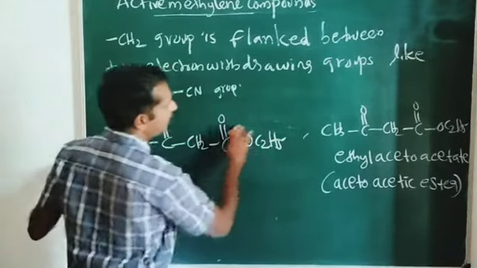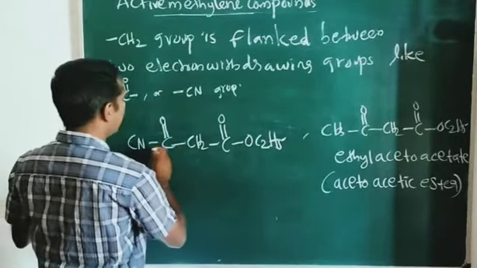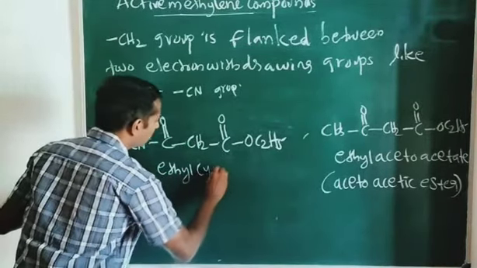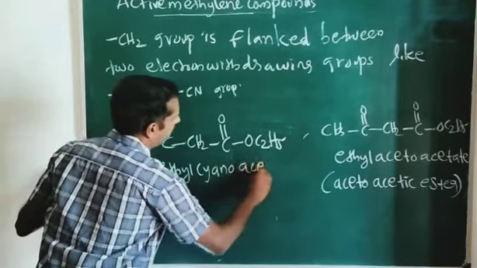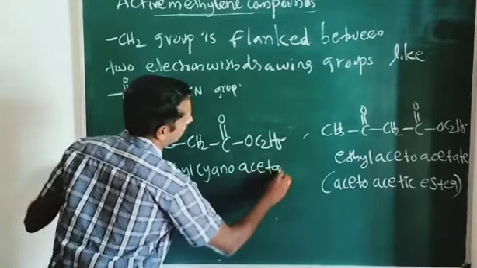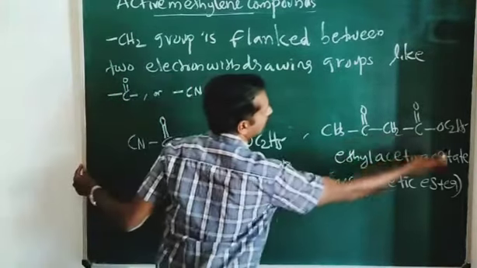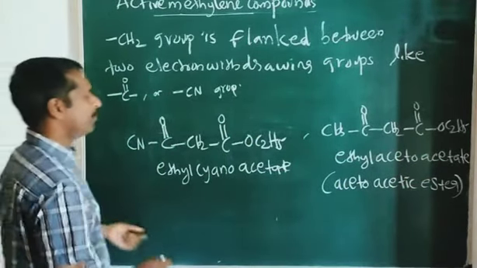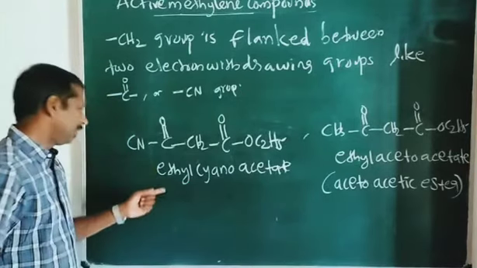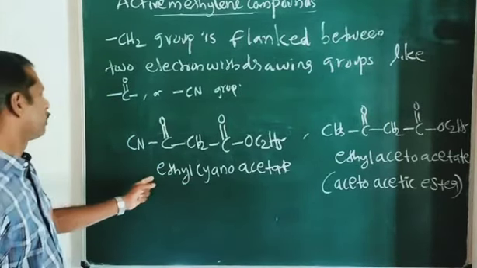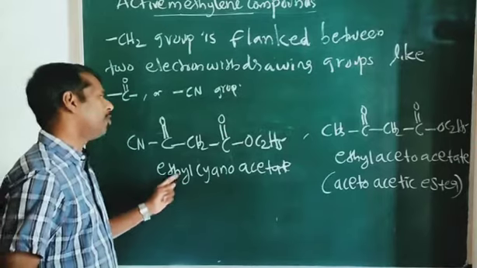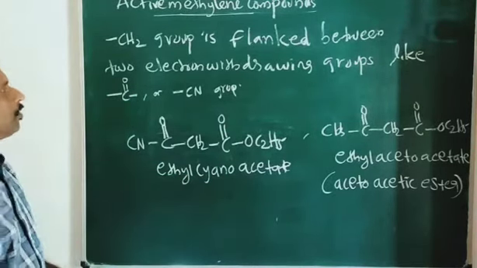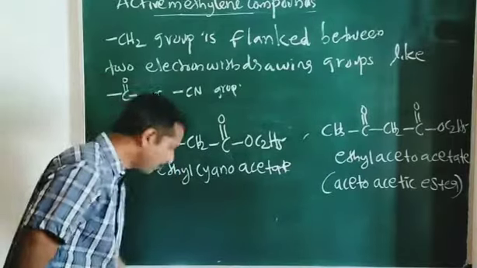This one is ethyl cyanoacetate. This is ethyl acetoacetate, and this one is ethyl cyanoacetate, also called cyanoacetic ester. These are some examples of active methylene compounds.